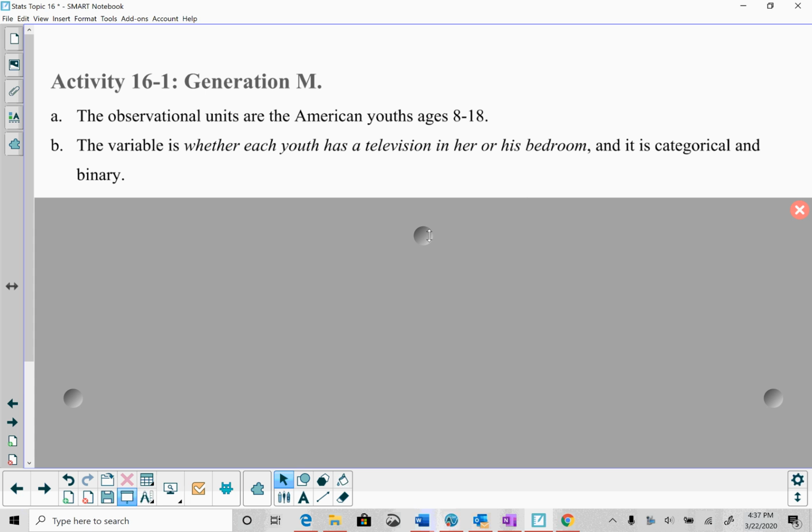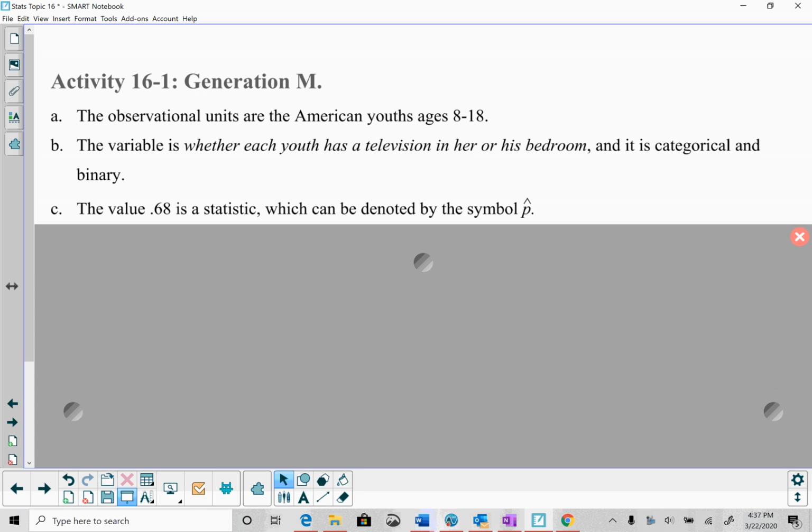So when they said 0.68, is that a parameter or a statistic? Well, it's a statistic because it came from the sample. It's not the parameter because we don't know what the real proportion of kids in that age range have a television in their bedroom. So this is a sample proportion, so we need the symbol p hat.